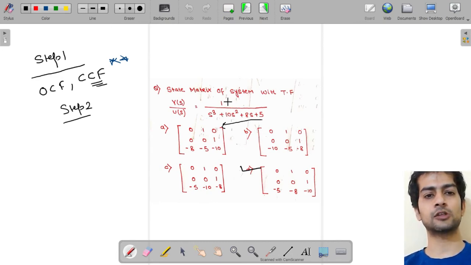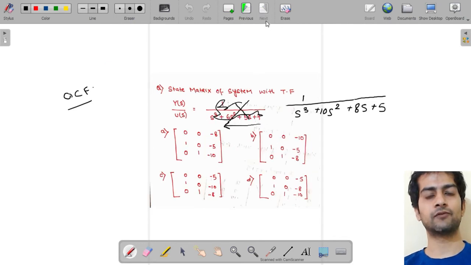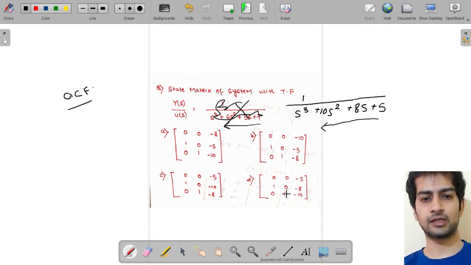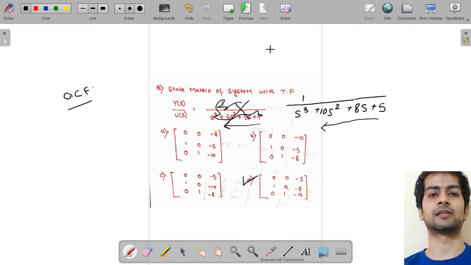It is because I told you that if we change the order in which we take the state variables, then we will get different forms of the same transfer function. So here we will take coefficients of the denominator in reverse direction with opposite sign. So -5, -8, -10. This will be our answer.